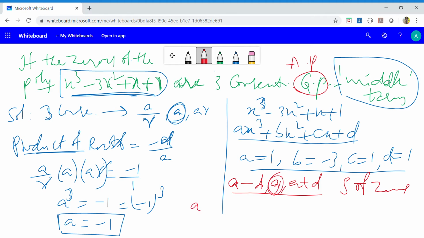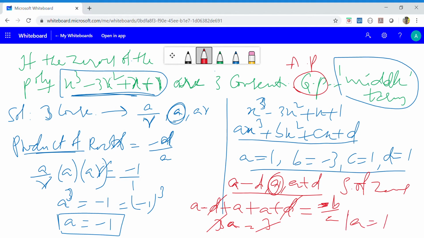So I do a minus d plus a plus d. The d's get cancelled. 3a is equal to, and the sum of the zeros is minus b by a. So 3a is equal to minus of minus 3, which becomes 3 by 1. So 3 gets cancelled. A is equal to 1 you will get, if it is in AP.